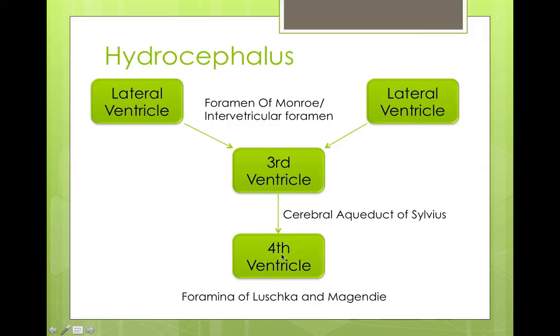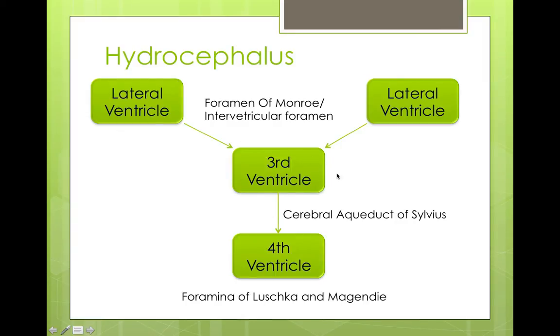And yes, obviously there's a small drainage into the spinal cord in the central canal, which doesn't really matter in this instance. Okay, so imagine that the, what's that fluid called? Cerebrospinal fluid is generated in the lateral ventricles. Then both lateral ventricles drain into the 3rd.